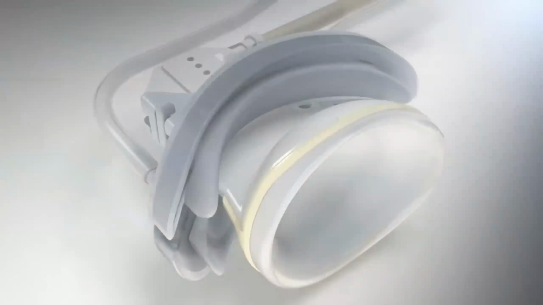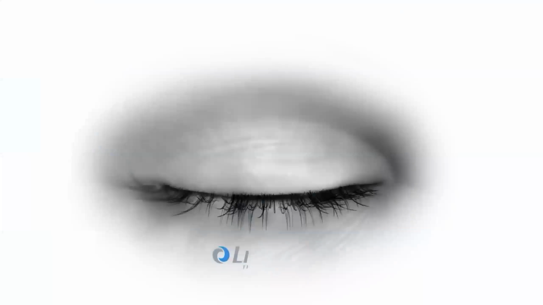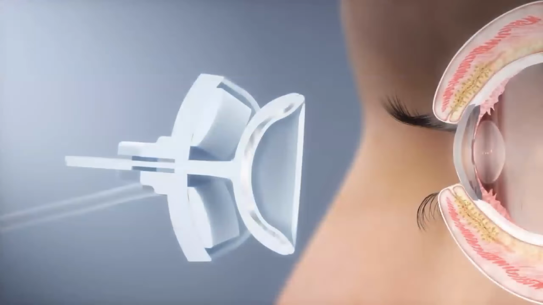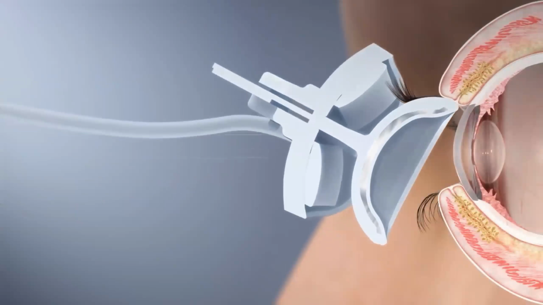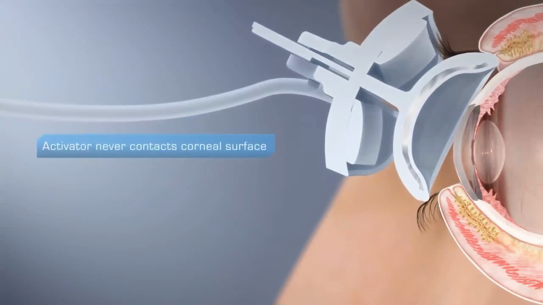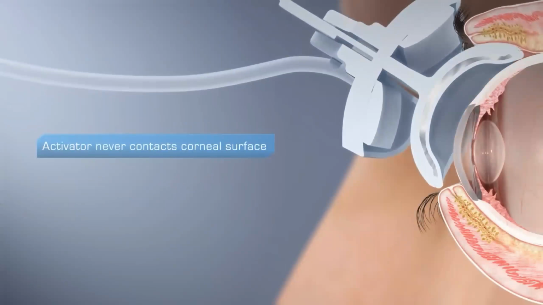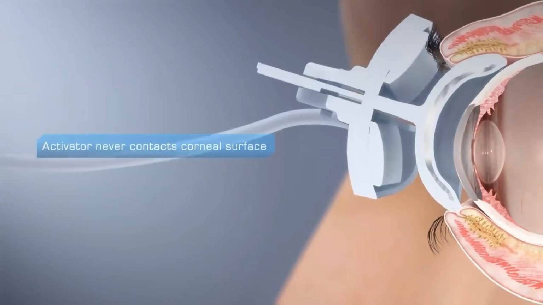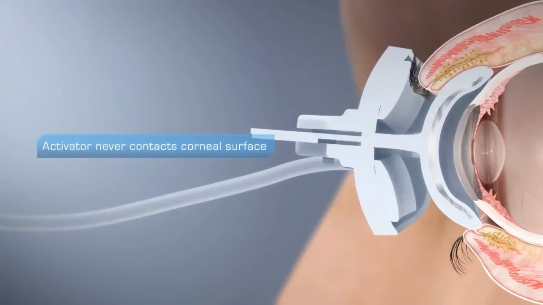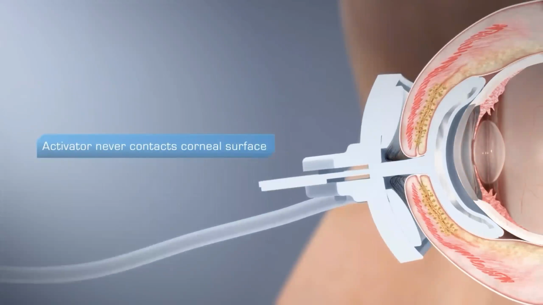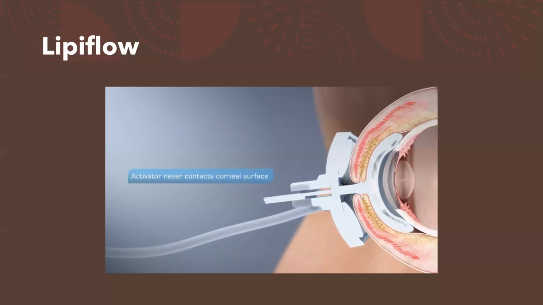This is how the applicator looks. It rests over the cornea and covers both the upper and lower lid. Once it does that, it will start giving heat and doing compressions simultaneously.